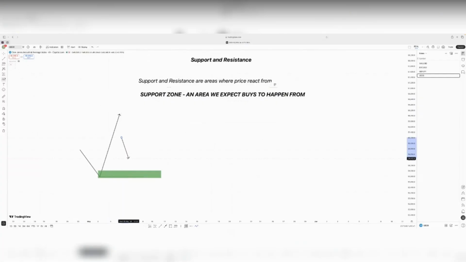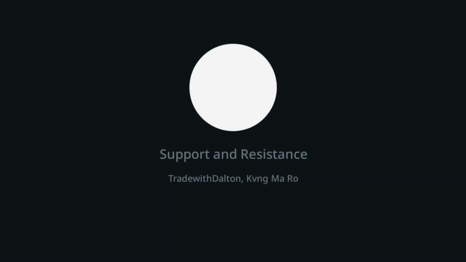Meaning, when price gets to that area, we expect to see a bullish momentum in that area. Alright?